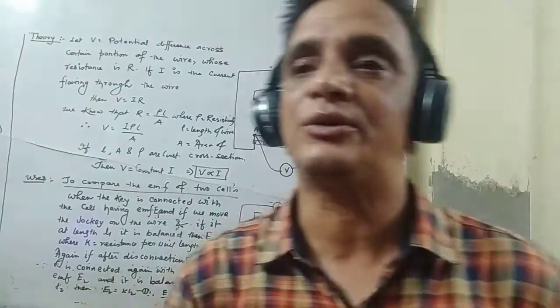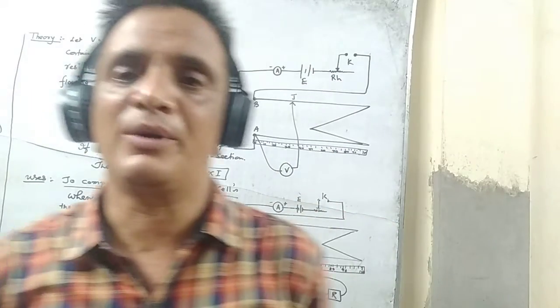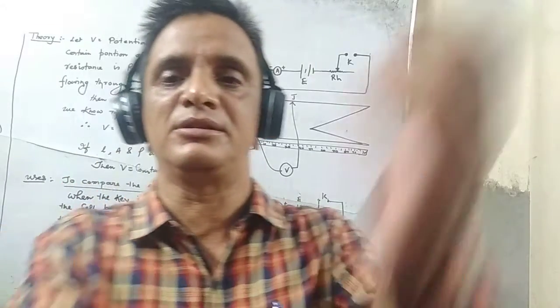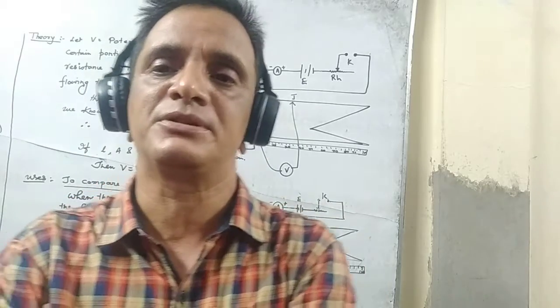But as we know, the Wheatstone bridge is made up of a wire of 1 meter. But this potentiometer is made up of 10 meter wire. A 10 meter wire instrument is uncomfortable to take into the laboratory and for our practical purposes.